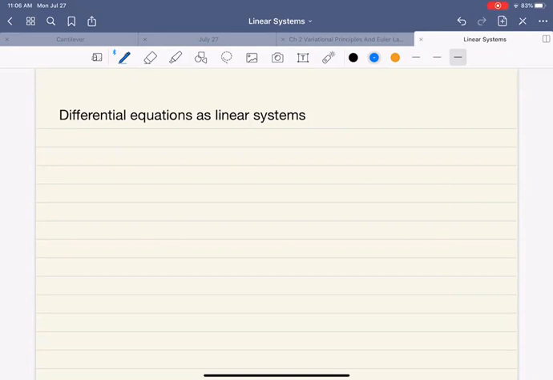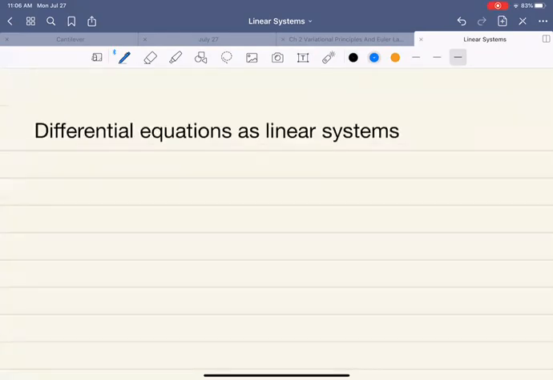So let's take, for example, x prime equals y, y prime equals negative x. That prime is ugly, let me rewrite it.